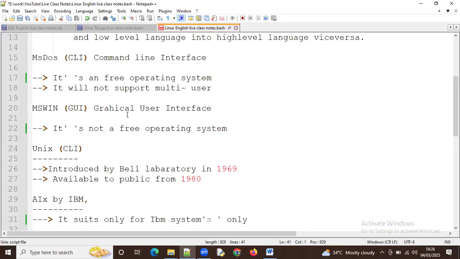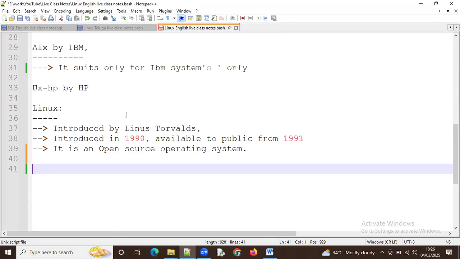Previously Unix provided free services, but later it was changed to a licensed version. So that's why he developed one open source operating system called Linux. It is free of cost. It is open source. We can edit the source code and we can also change it according to our requirement.